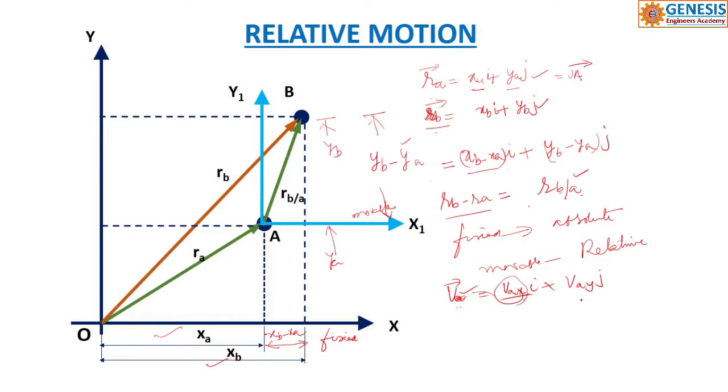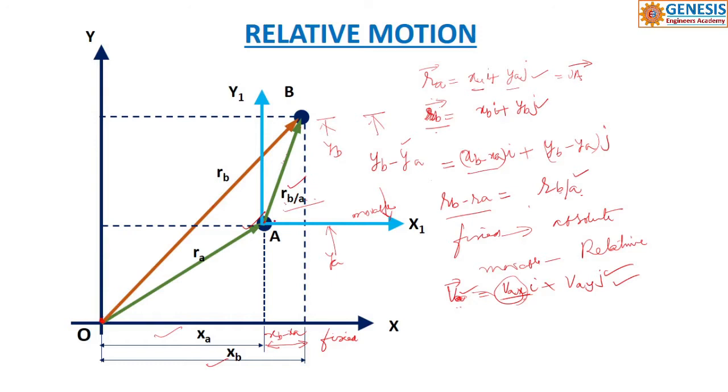You can also represent it in vector form and in rectangular components. This is the tail end, this is the head, and this is the tail and head. So this is RBA, meaning the relative position of B with respect to A. This is the only thing.